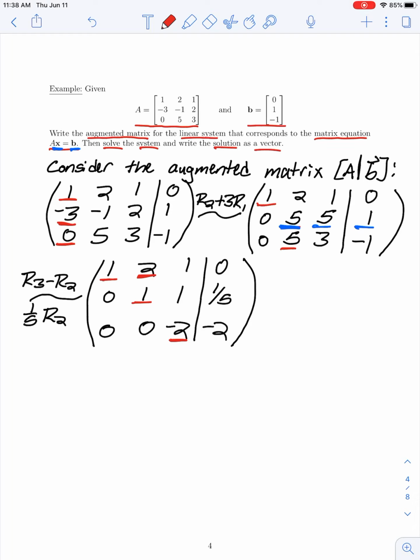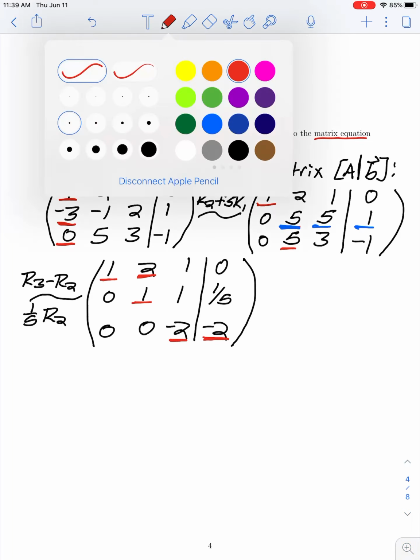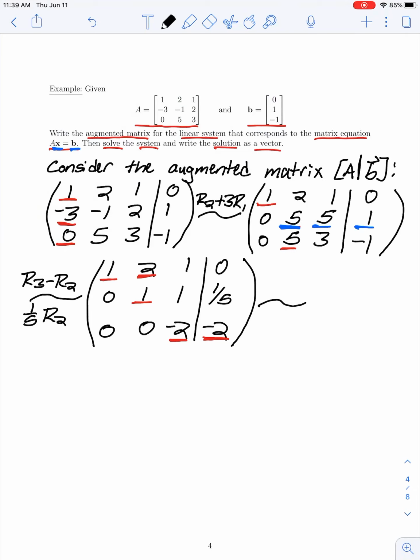I know that I want to have a 1 there, and I see that my right-hand side is also -2. So an easy way to get a 1 for that third lead coefficient would be to simply divide that third row through by -2, or take -1/2 of the third row. So that would make my third row 0, 0, 1, 1. Sorry, it's a little cramped here.